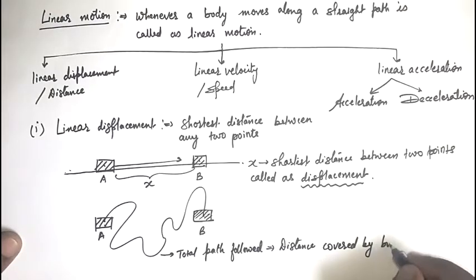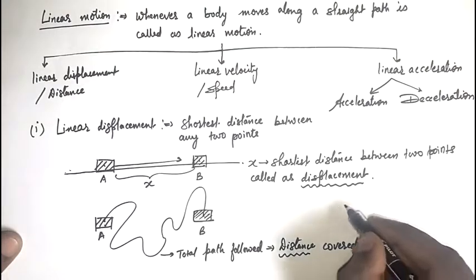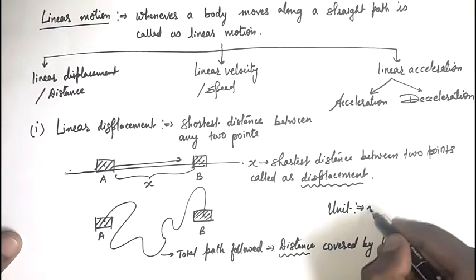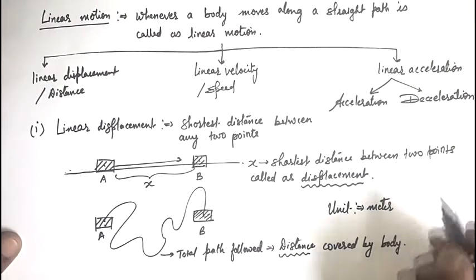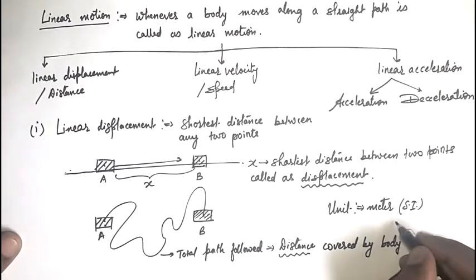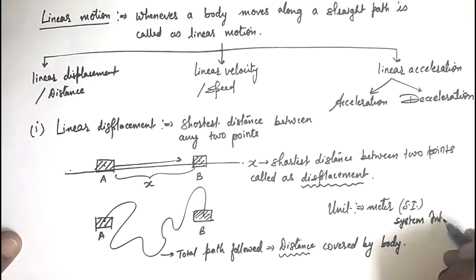So there is a difference between displacement and distance. Displacement is the shortest distance, but if we follow a totally random path which is very zigzag, then it is called distance. The unit of distance or displacement is meter, that is the SI unit. SI means system international, as you already studied in 11th class.